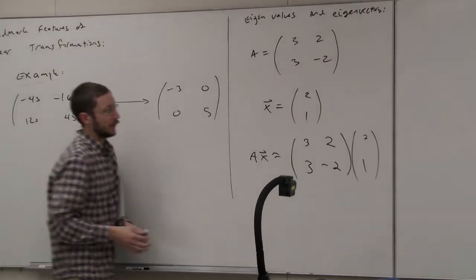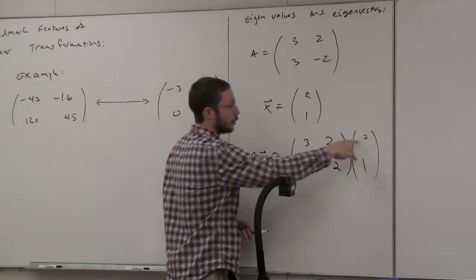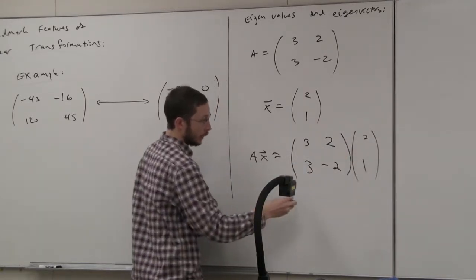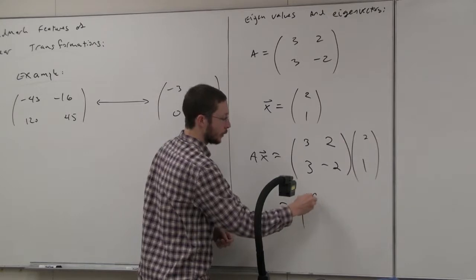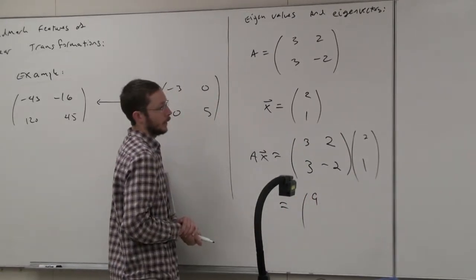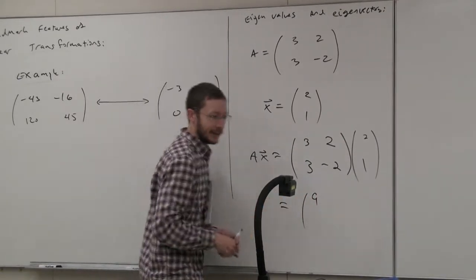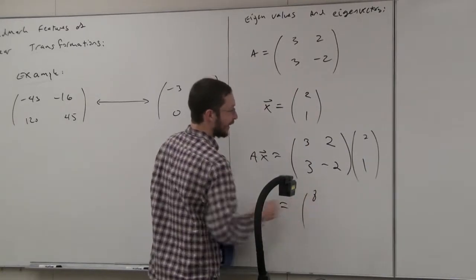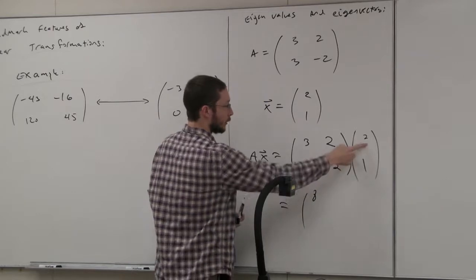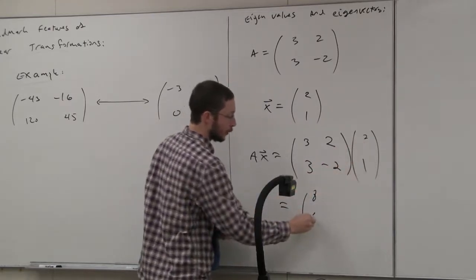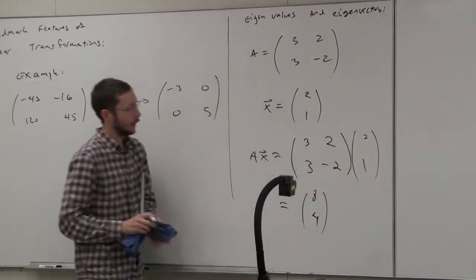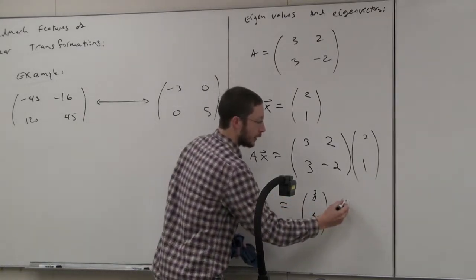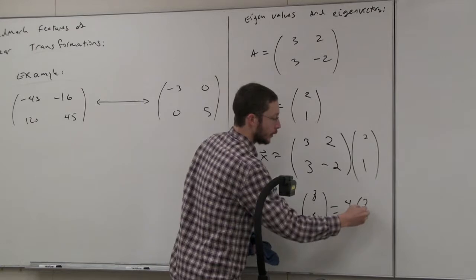Just multiplying these things, regular matrix multiplication, we'd end up getting 6 plus 2, which is 8. And then this row times this column gives us 6 minus 2, which is 4. I think I got that one right. Each of these has a factor of 4, so this can clearly be rewritten as 4 times (2, 1).